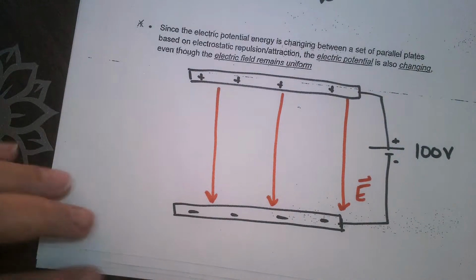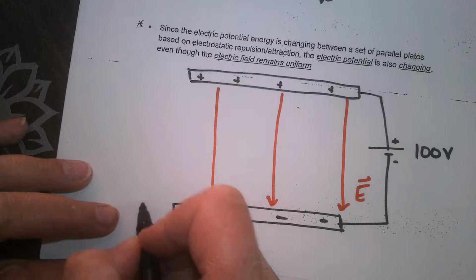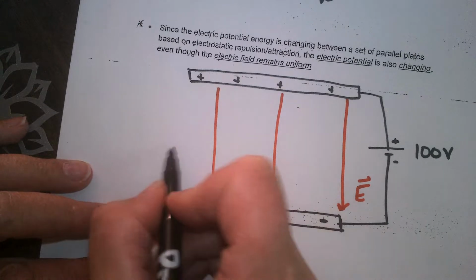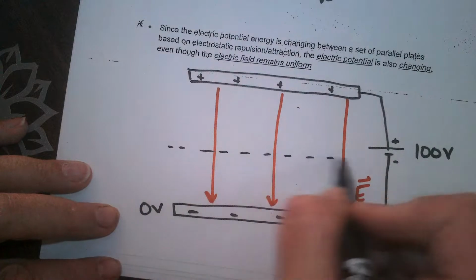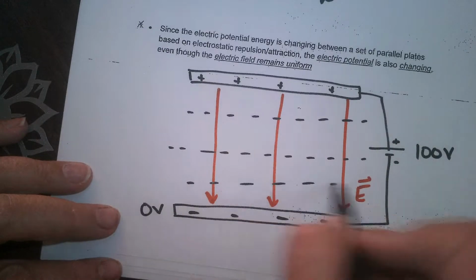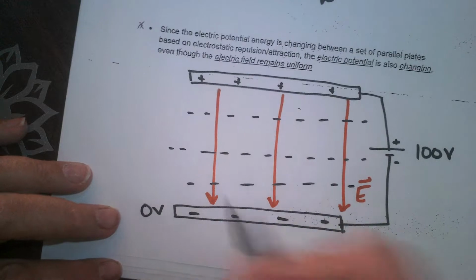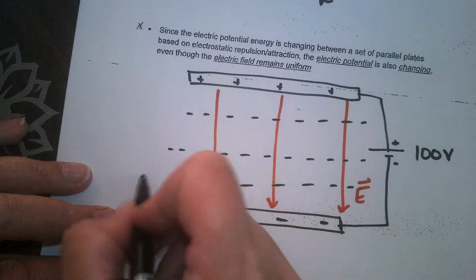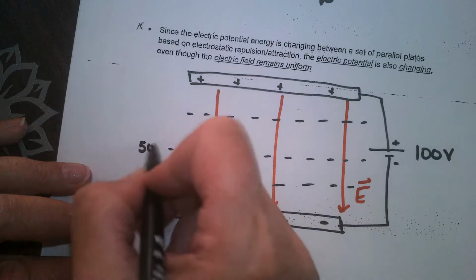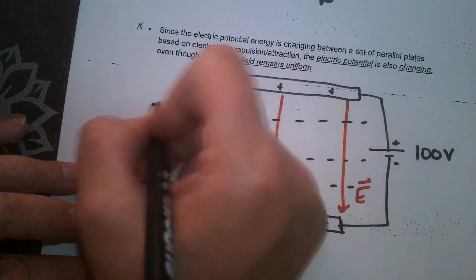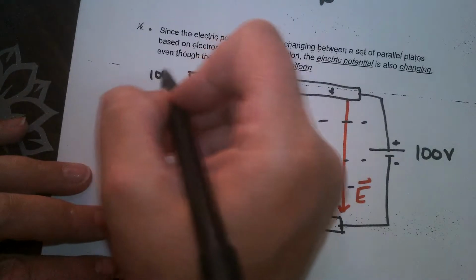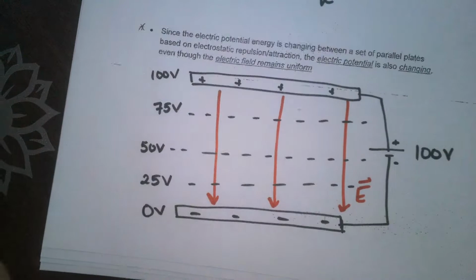But what we find is here we have 0 volts. In this region, somewhat close to the negative plate, we're going to have 25 volts. Halfway, we'll have 50 volts. 3/4 of the way, we'll have 75 volts. And right up here, we'll have 100 volts.